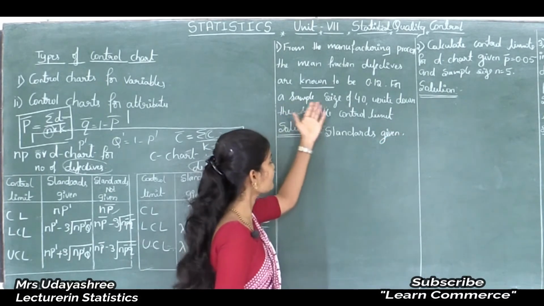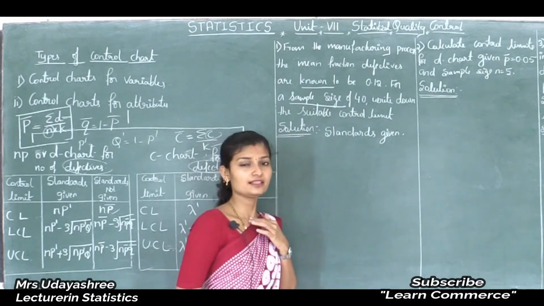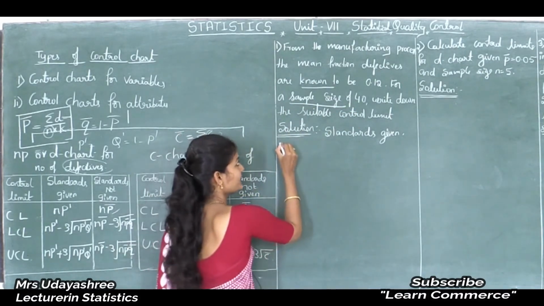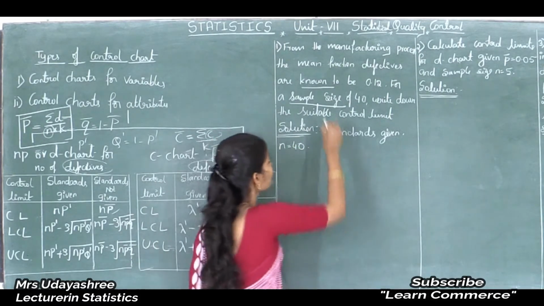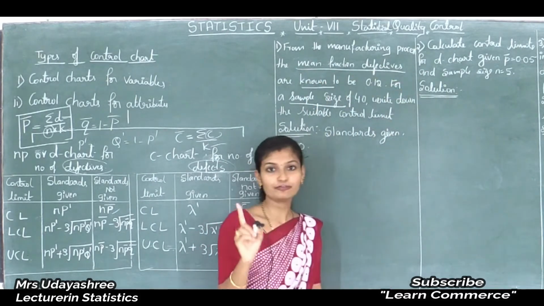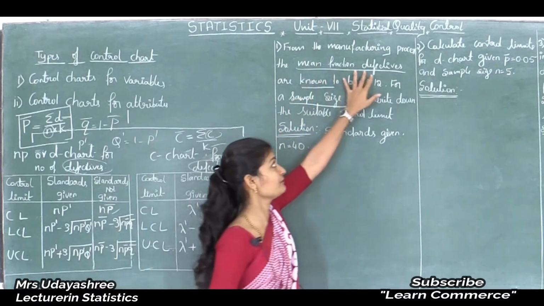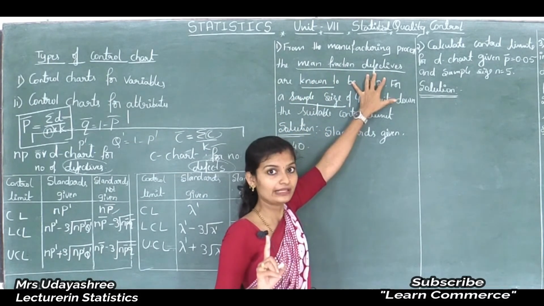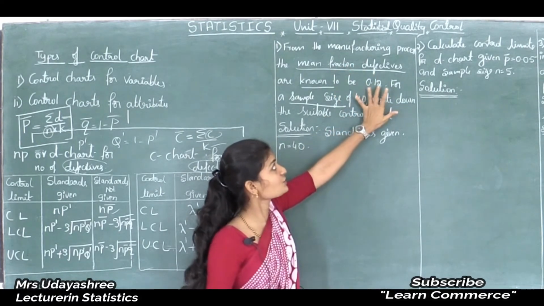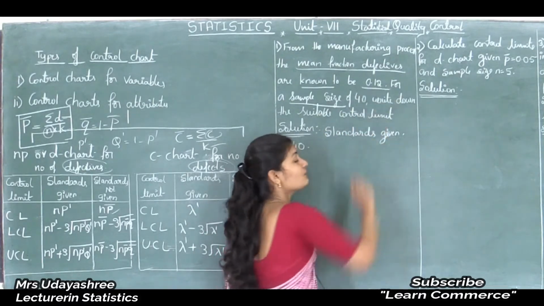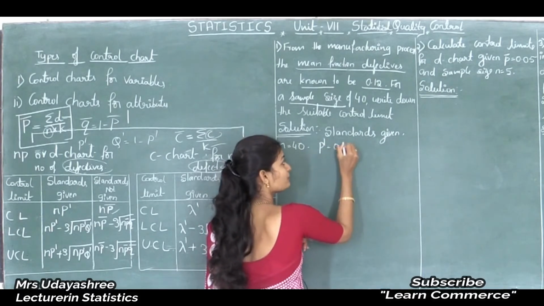Next, the sample size is 40, and sample size is denoted by small n. So the given observation is n equal to 40. The mean fraction defectives means this is an NP or D chart, and the mean fraction is the P dash value, which is 0.12.